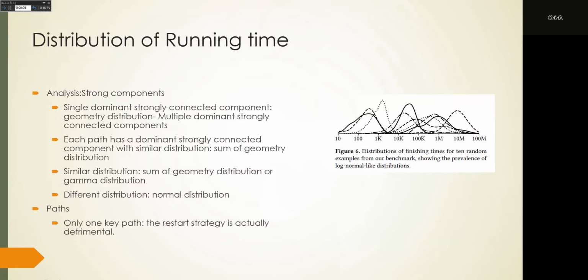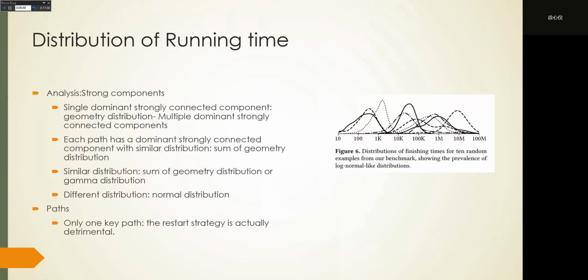So the analysis of this problem is that when there are such kinds of strong components in the program code logic or in the distribution of the program, if you have a single dominant strongly connected component, you can view the distribution as a geometric distribution.